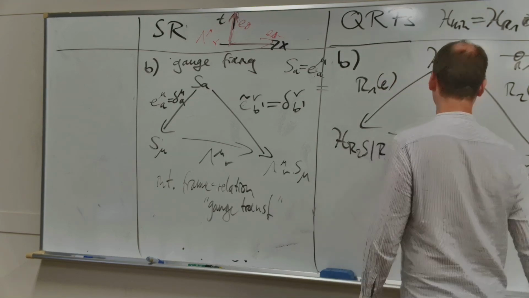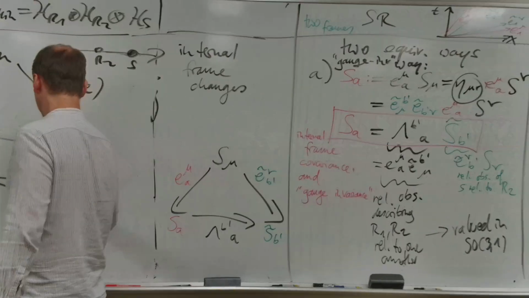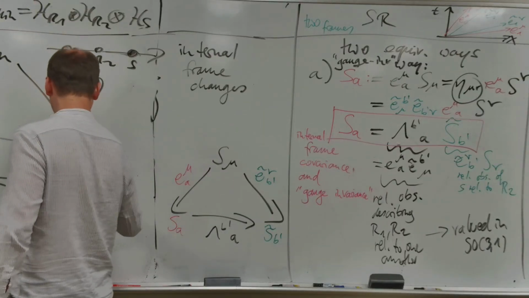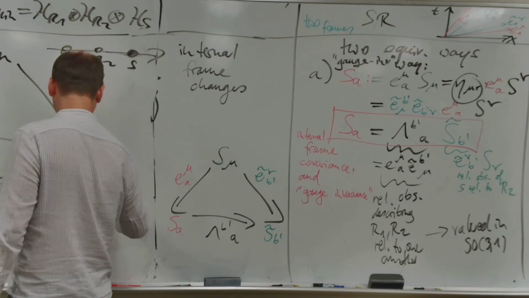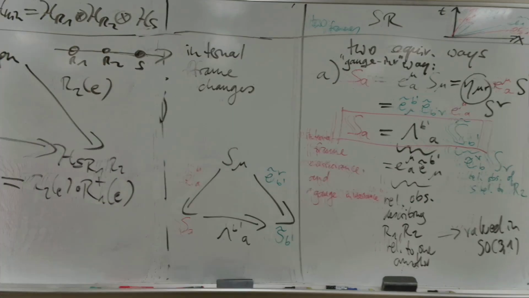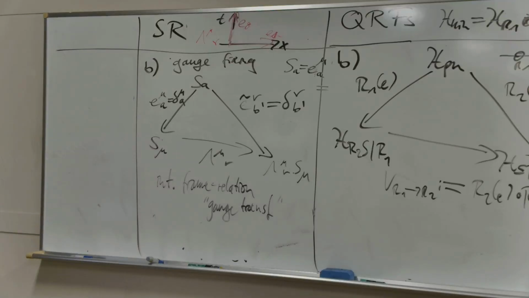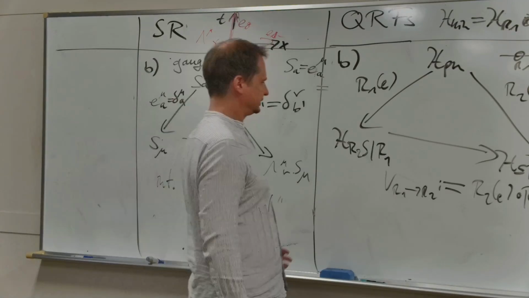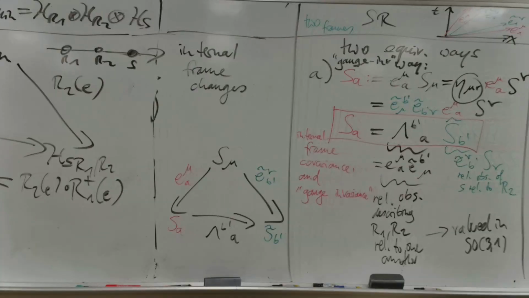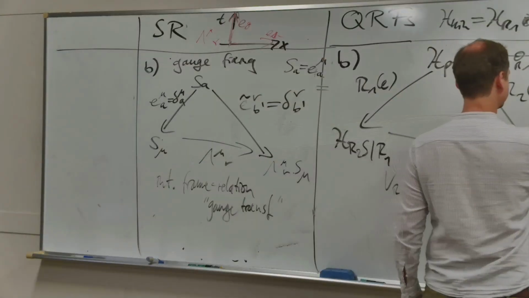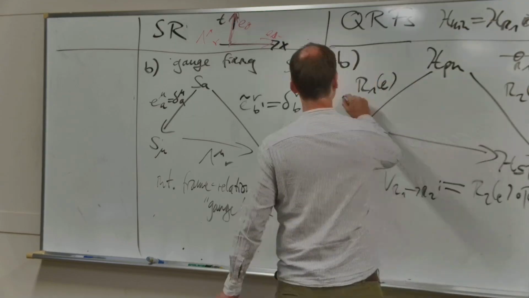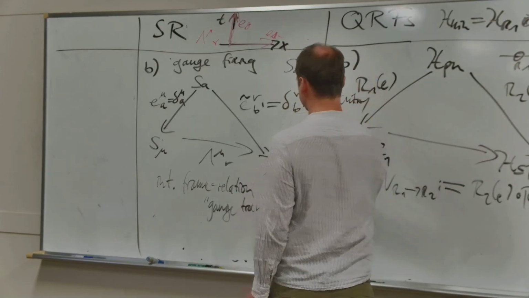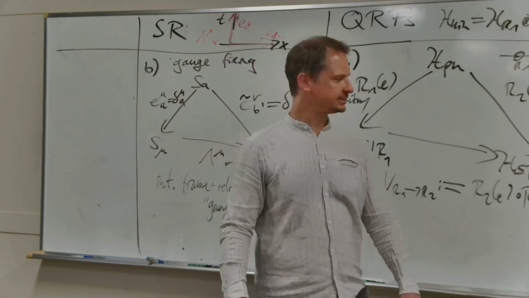And we can just define that to be R2 of E concatenated with the inverse of the first. So you see it's a quantum coordinate transformation. And so here we need to remember that this is unitary. So it's a gauge fixing just like here. Nothing else.